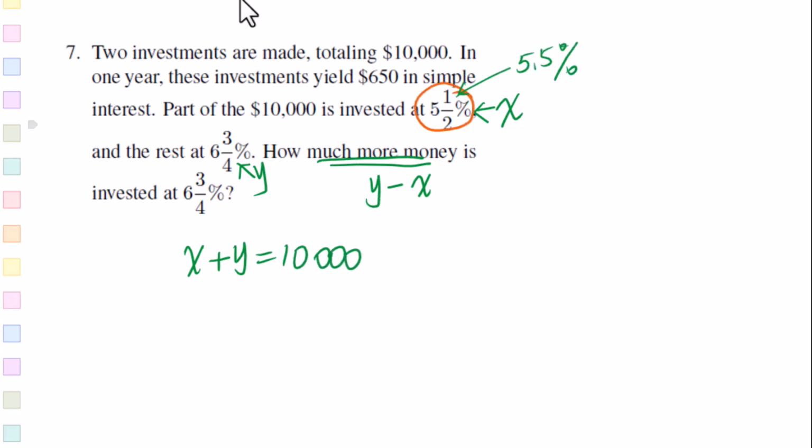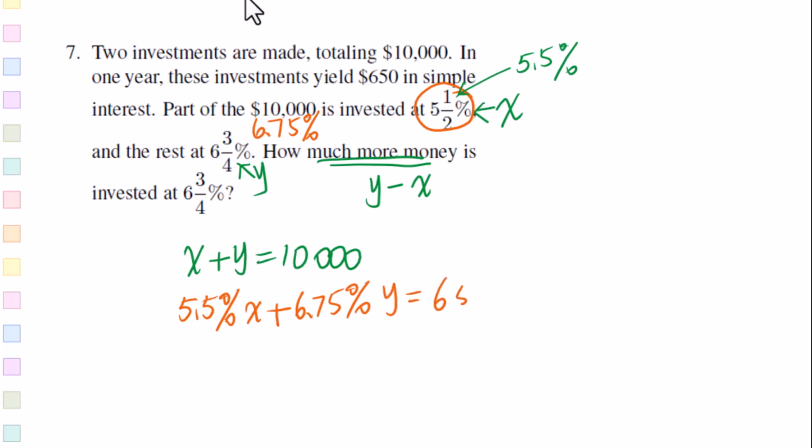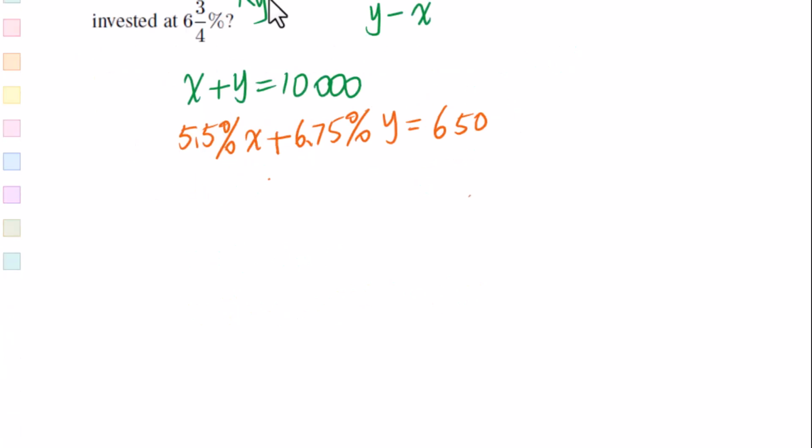We will change this interest into decimals. 5.5% x plus this one. 3/4 is 0.75, so 6.75% y equals 650. Let's label this the first equation, the second equation.